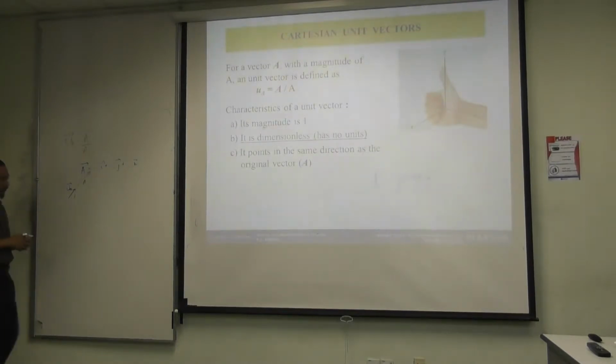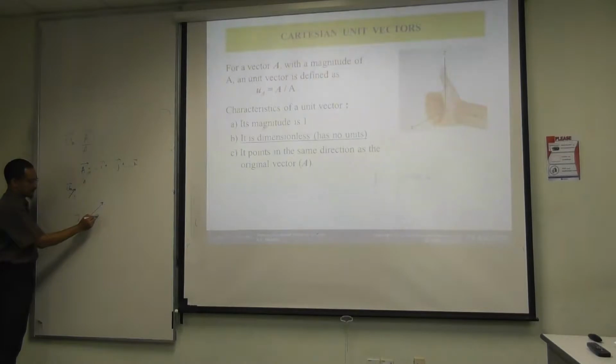Now, why do we always deal with this? Because when we know the unit vector of something, and the magnitude is 1, and you know that the vector in this same direction has a magnitude of 3, it's just 3 times the unit vector. So that's why we always calculate the unit vector, so that when we get any value of magnitude, we just multiply by the unit vector to get the actual vector.